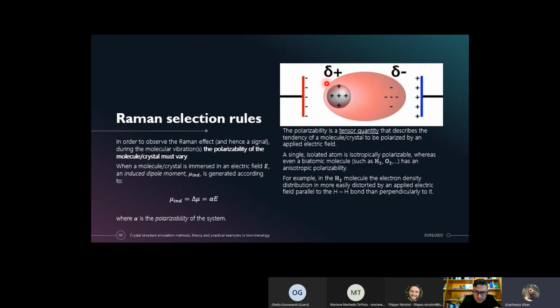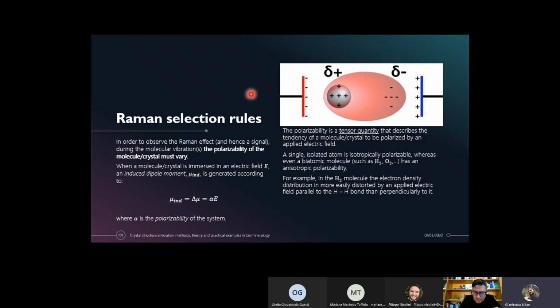The Raman selection rules are different from those of infrared spectroscopy. They involve the polarizability instead of the dipole moment of your system, molecule or solid. To be active in Raman, your vibrational modes must change the polarizability of the molecule in your system.